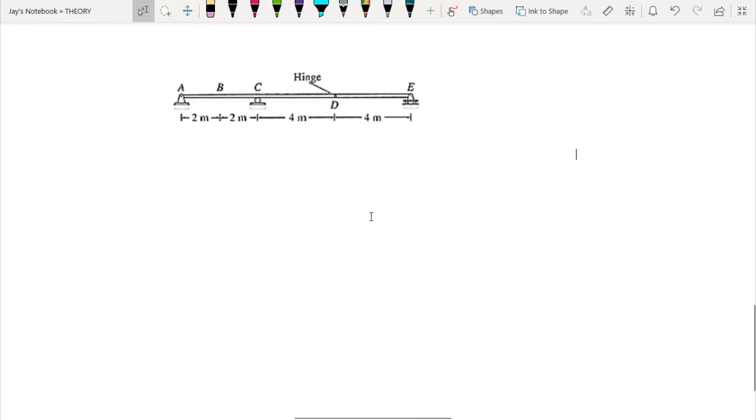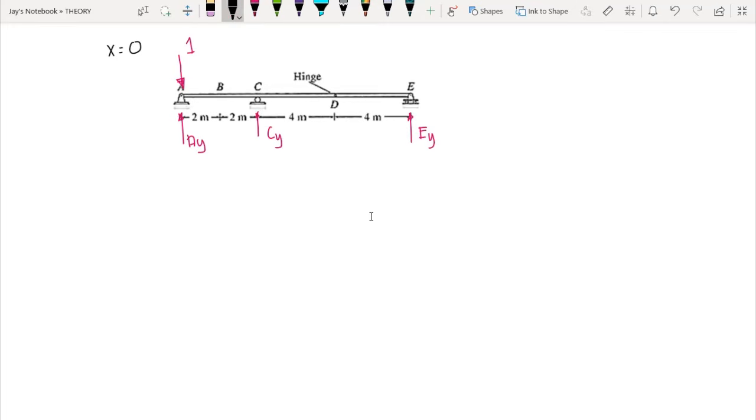So the first step here is to put a live load at x equal to 0, so we put our live load at point A. We have 1 unit load at that point. So we compute for all the reactions at A, C, and E. So we have AY, CY, and EY.